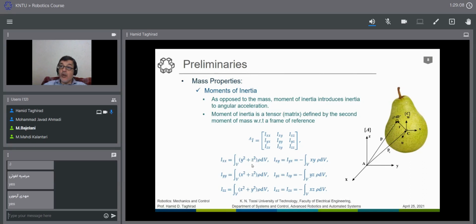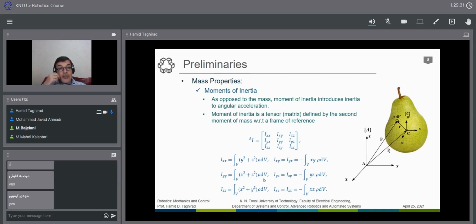The same thing for Iyy: the radius with respect to the Y axis, which will be X² plus Z² of this particular point. And the same thing for Izz, which will be X² plus Y². And we integrate everything all together.